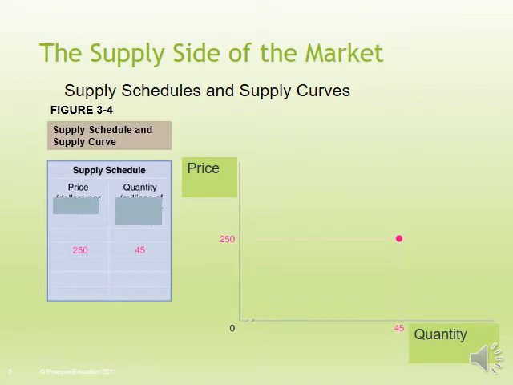And we can put that on the graph, and you can see that on the point below. Now, if it was $300 per website, suddenly the webmasters, the web designers, are going to be more willing to make websites, and so 50 websites will be made every week.